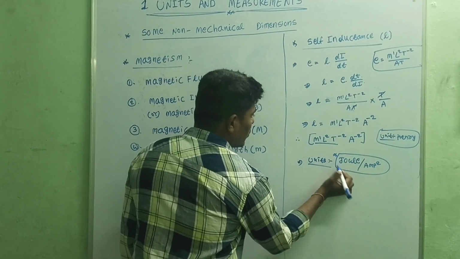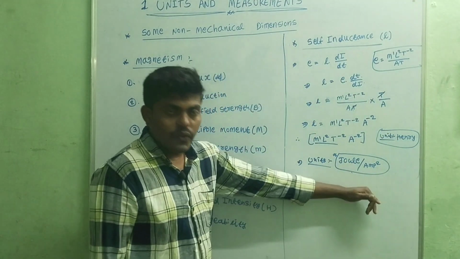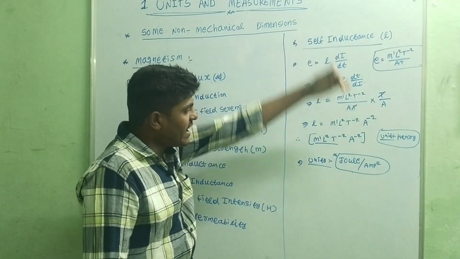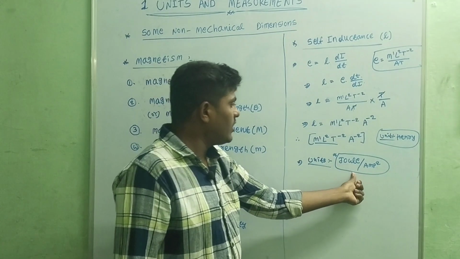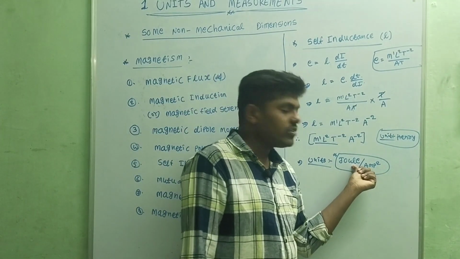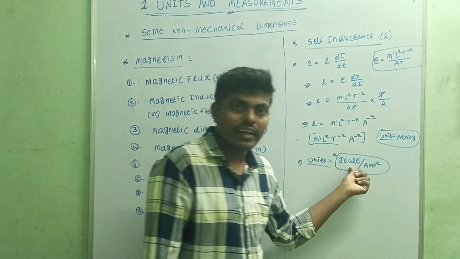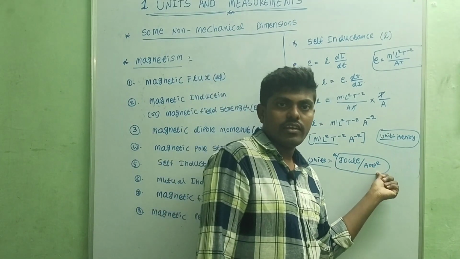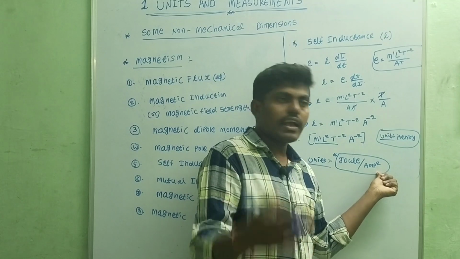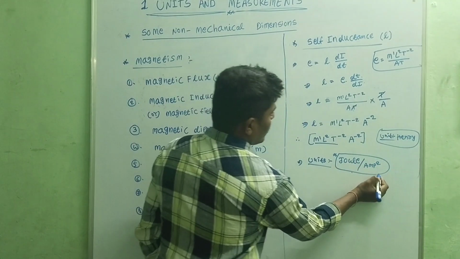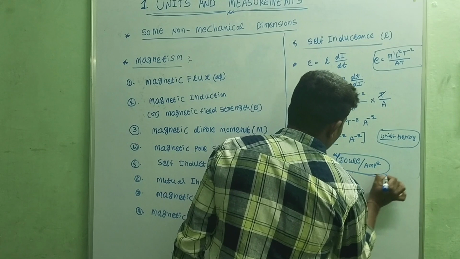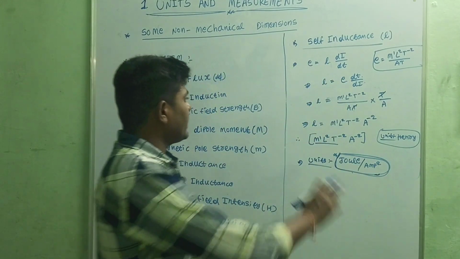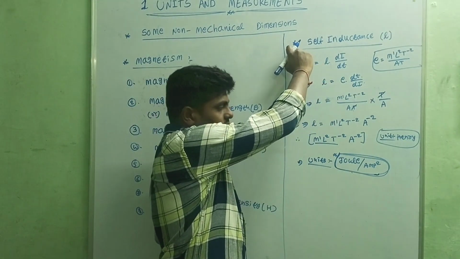If you know these units, you can write the dimensions of self inductance directly. You know the dimensions of joule, which means energy or work, and ampere means the dimension of current. So from the units of self inductance, we can directly write its dimensions.